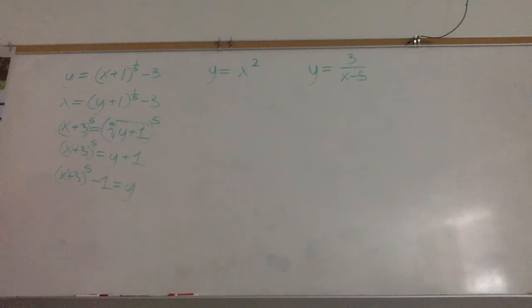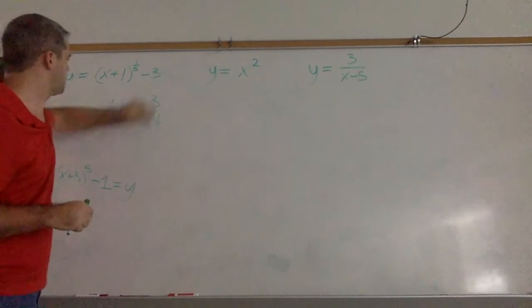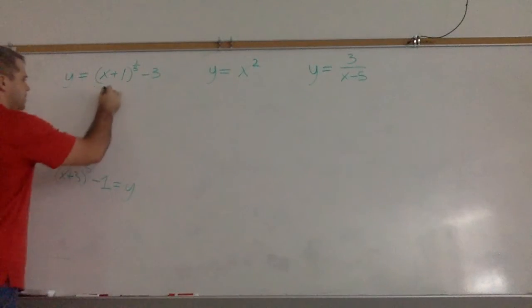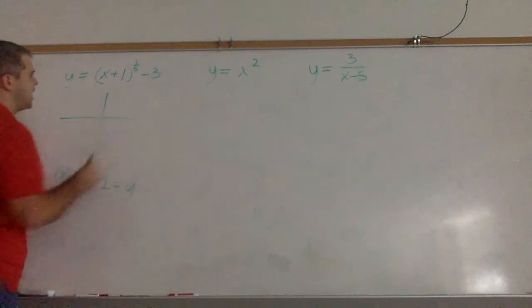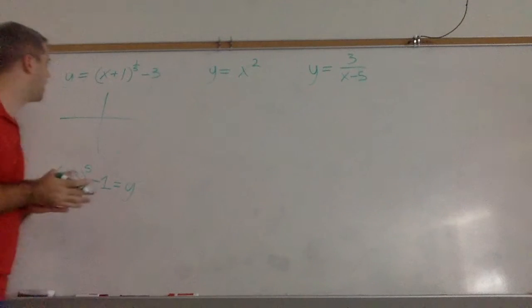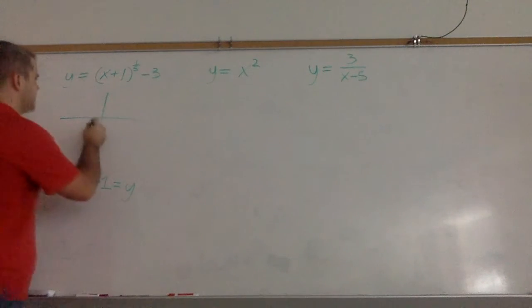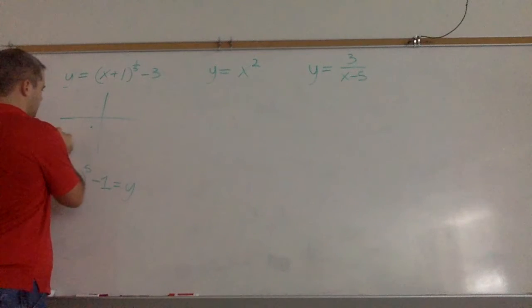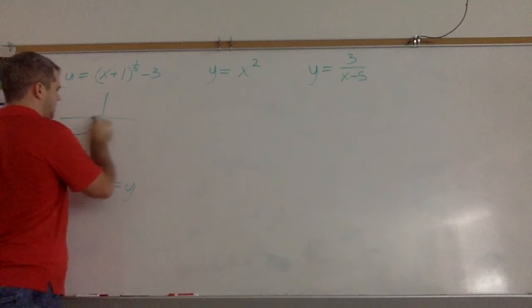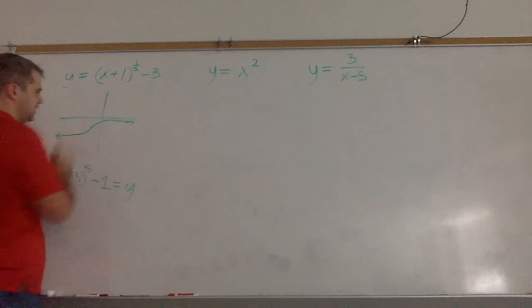Let's take a quick look at our graphs. So if I graph this first guy, it's a fifth root, except I've moved it left 1, down 3. So it should look something like that.